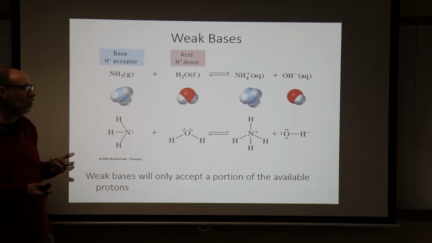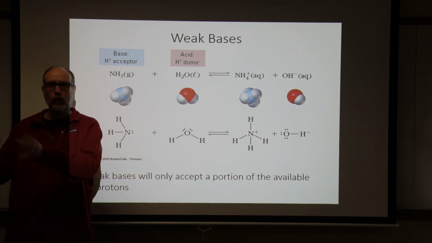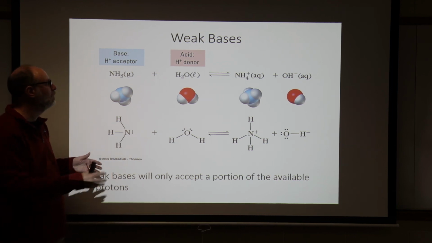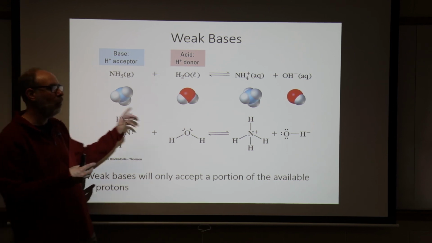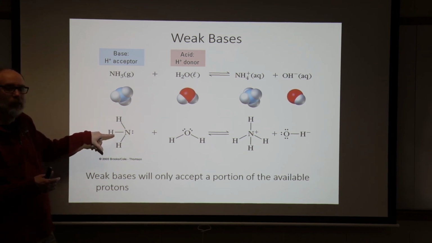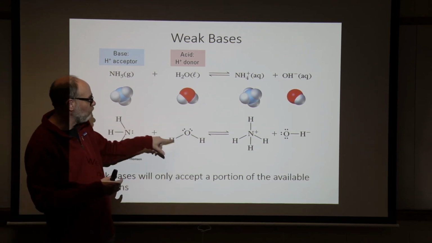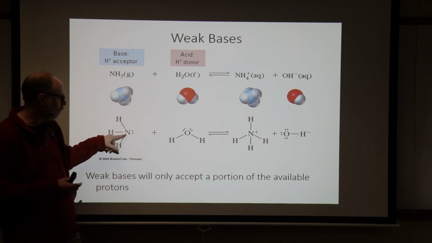Right? And weak bases, just like weak acids, where a weak acid will donate only a portion of the protons that they have, weak bases will only take some of the protons available. So now we're back in a situation where it's in equilibrium. Here we have ammonia, a weak base. Here we have water. It's going to steal some of those protons from water.